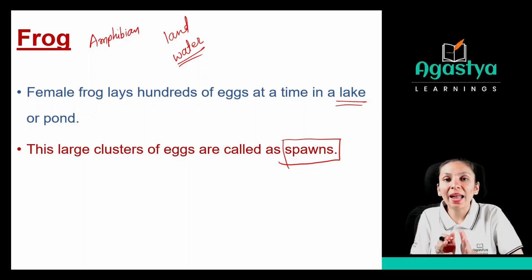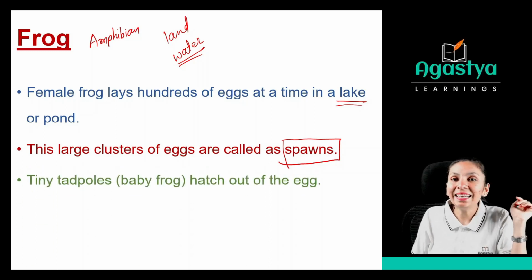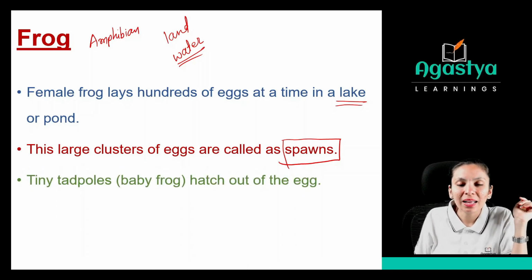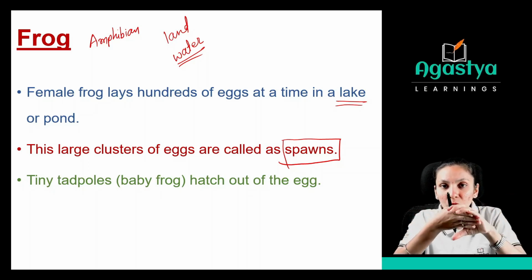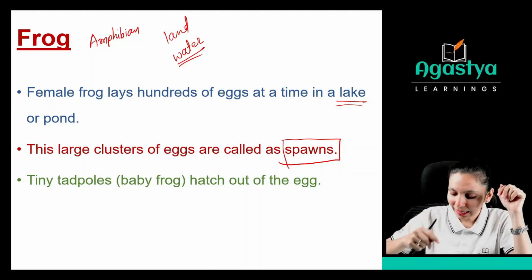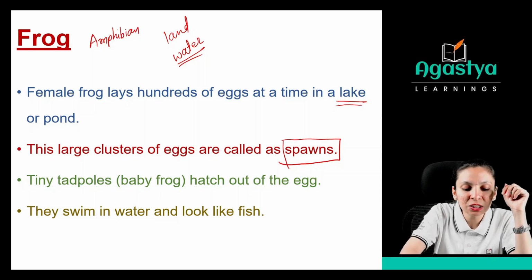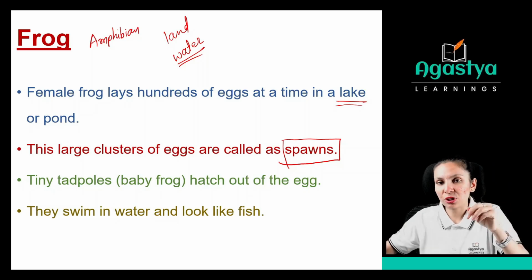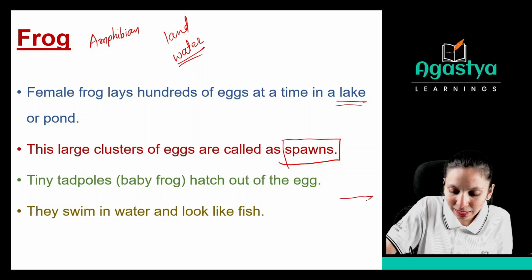So the cluster of eggs is known as spawn. A tiny tadpole, that is the baby frog, hatches out of the egg. First this tadpole will attach to the water plant. After some time it gets the nutrition and it will hatch out of the egg. Now they will swim in water and look like a fish, as we have seen in the picture. They will have some tail-like structure.